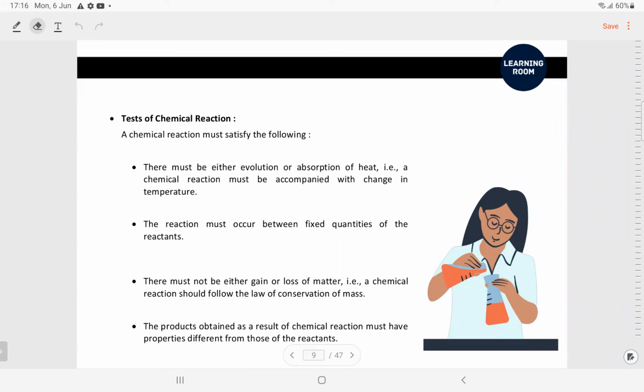Likewise, what happens in iron? This is my iron metal. Iron oxide will form.